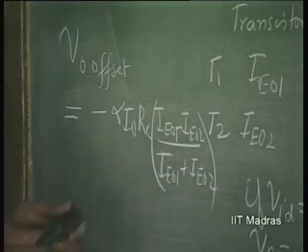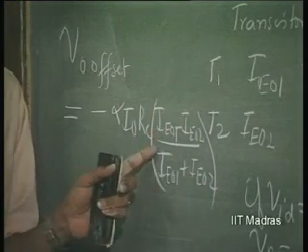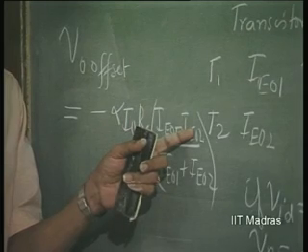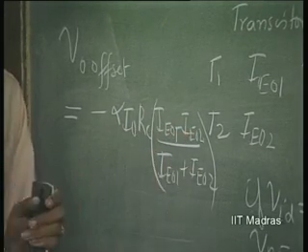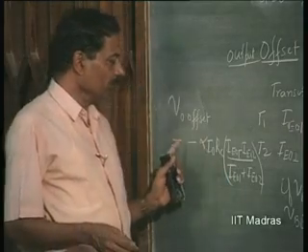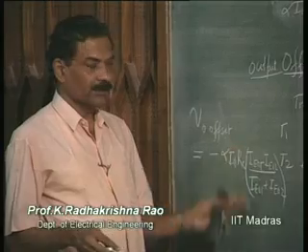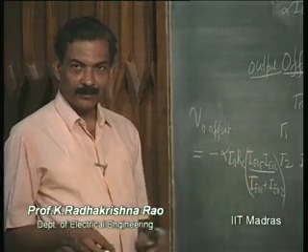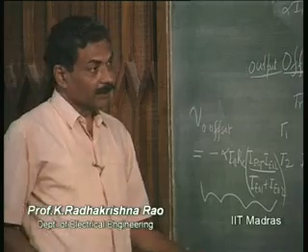So, if you know the extent of mismatch of IE naughts, IE naught 1 minus IE naught 2 is the mismatch, then you know the output offset as minus alpha I naught RC into this mismatch factor. So, this is an important aspect of output offset.